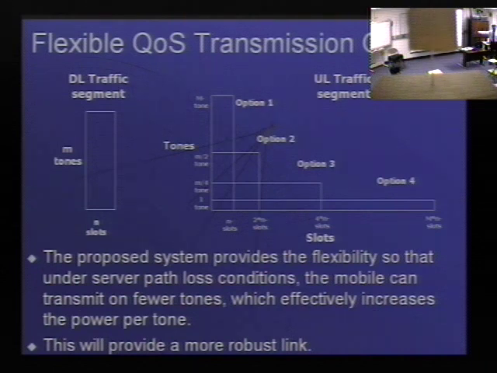Versus the user far away from the cell site, where the signal is very bad. There's no meaning in assigning all the bandwidth to that user. It's a waste. So assign limited tones, but for a very long time. The purpose is to make sure the link is still hanging on.